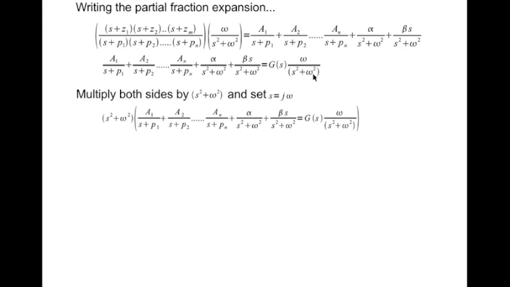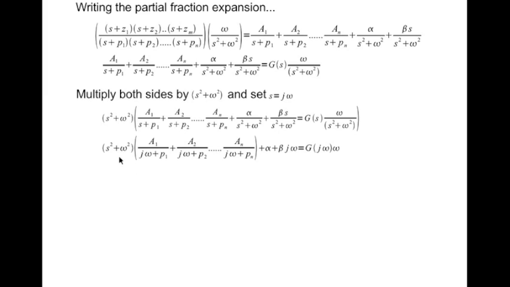Now the right hand side is also equal to G(s) times omega divided by s squared plus omega squared. Now what we'll do is multiply both sides by s squared plus omega squared and set s equal to j omega. Let's do that. If you do that, these denominators get cancelled by this, and this denominator gets cancelled by this.